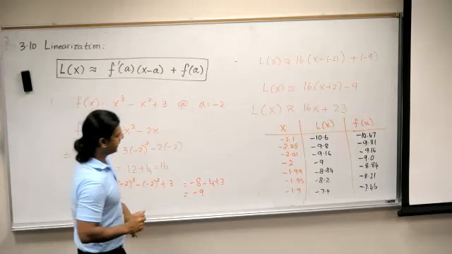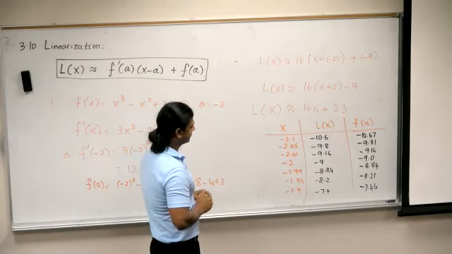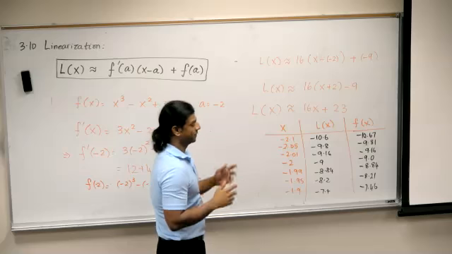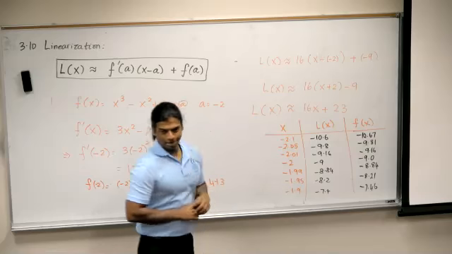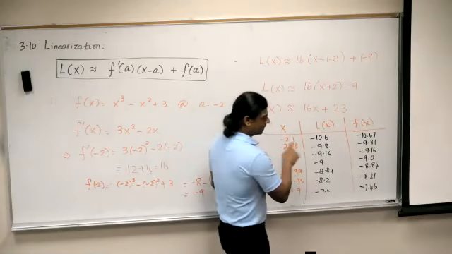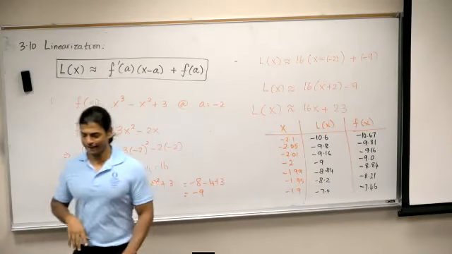I want you to pick, let's say, the number -4. Plug it into the approximation, plug it into the original function, and tell me what you get.